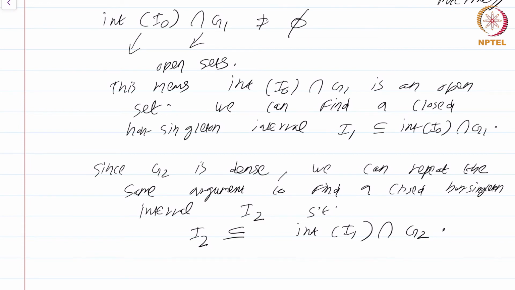In fact, if you think about this carefully, because I1 is actually contained in interior of I0 intersect G1, this I2 is also going to be a subset of interior of I0 intersect G1 intersect G2.